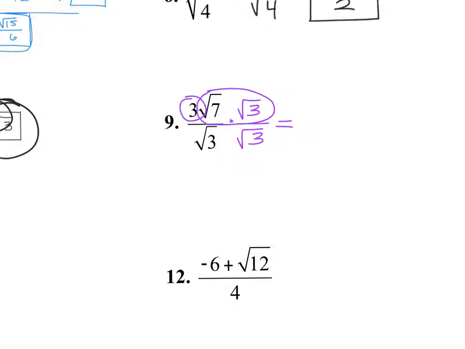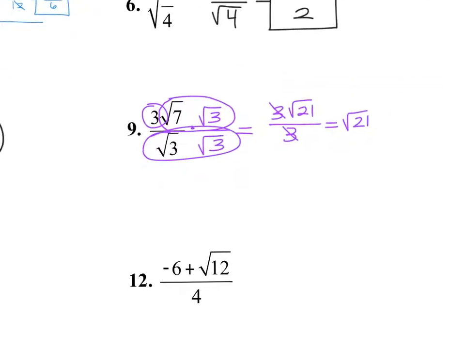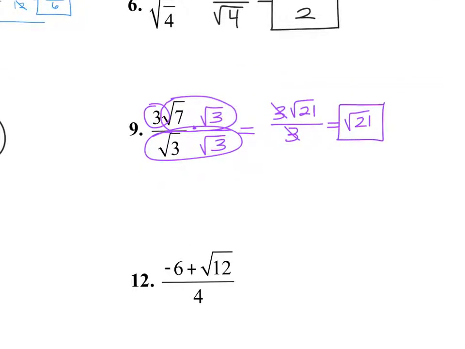So this would be 3 rad 21 over what? Over 3. What is that? Rad 21. 3 divided by 3 is 1. So you just get rad 21. There is no perfect square that goes into 21, so you're just done. God bless you. Bless you. Okay?